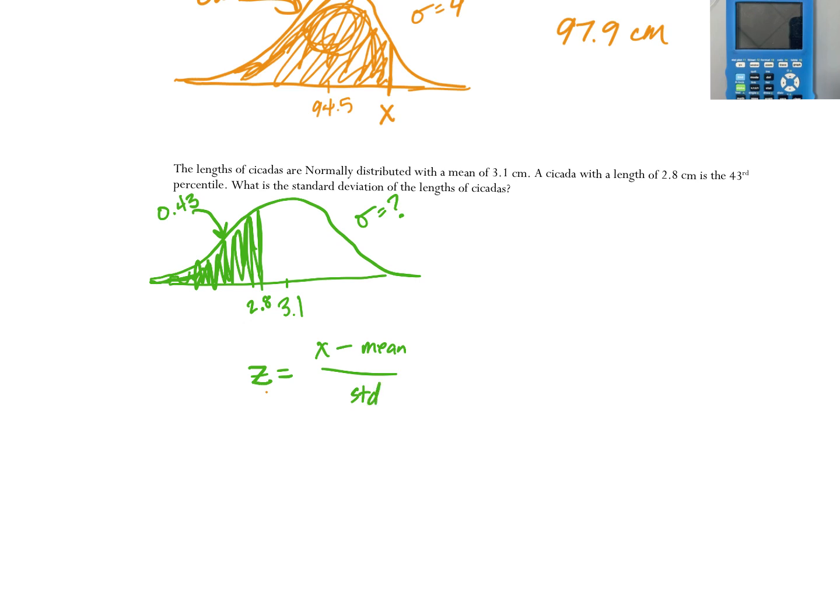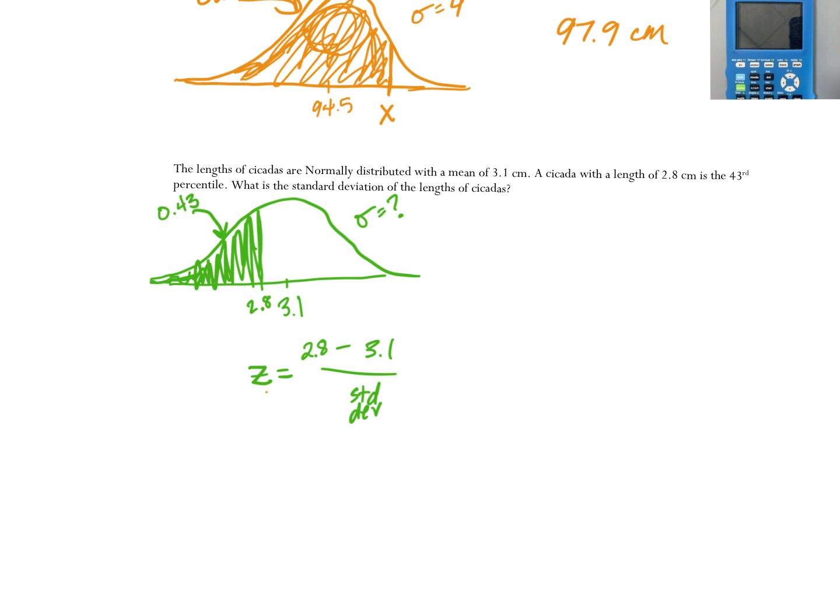And right now, we have two of those values. The x is 2.8. The mean is 3.1. Is everybody good? And that one other piece of information we have is the 43rd percentile.